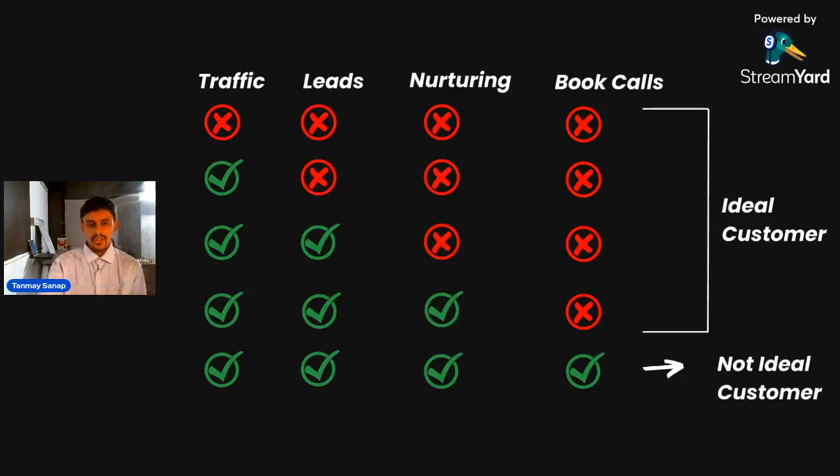Maybe he or she has an idea about how to generate traffic, but is not clear about leads, nurturing, booking calls. I have so much clarity when I'm scanning profiles. I'm just reading one or two posts, and I get a clear idea about where these people stand. And I then qualify them, whether I want to add them or remove them.